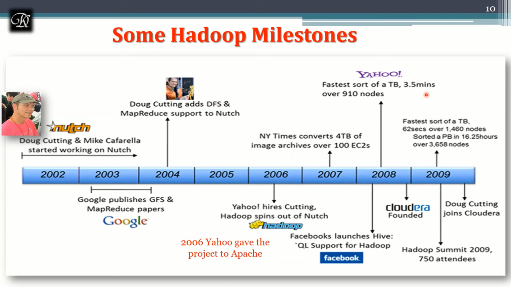Next, the same thing on 1460 nodes, it is going to sort in 62 seconds, just 1 minute. And the petabyte, we have not even used petabyte storage till today, right? 1 petabyte of data is sorted in 16.25 hours on 3658 nodes. When I say nodes over here, they are the data nodes.